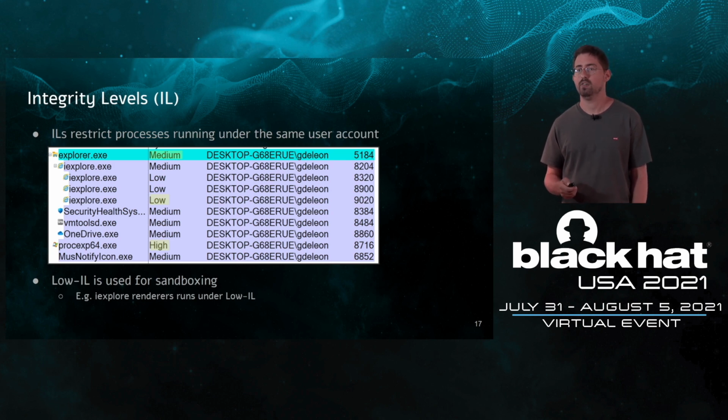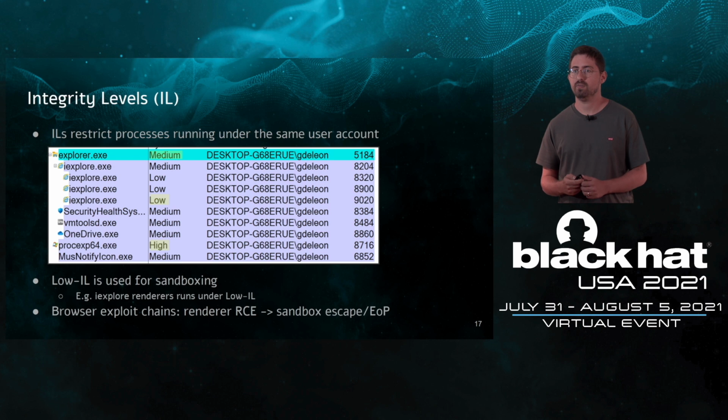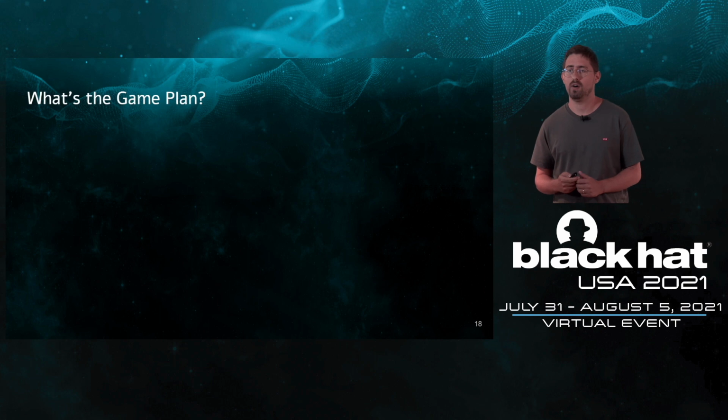So Microsoft wanted to restrict those processes, and if an attacker exploits a vulnerability in that context, they will only run at low integrity and be limited in what they can do to that system. So browser exploit chains nowadays usually chain a renderer RCE exploit followed by another bug to escape the sandbox. And that's the game plan for our attack surface.